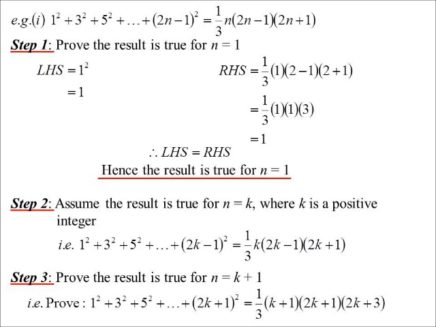So now the last term will be (2k plus 1) all squared, and on the right-hand side I'll have a third (k plus 1)(2k plus 1)(2k plus 3). Okay, well these series type questions, to get the assumption in there, what I always do is I'll have my sum to k plus 1 terms, but I'll rewrite it as the sum to k plus the k plus 1 term, because the sum to k essentially was my assumption.